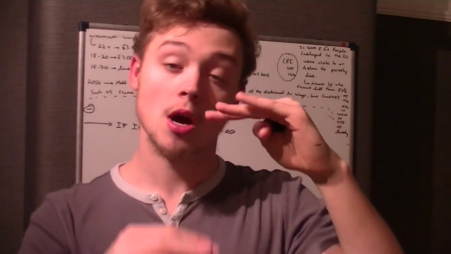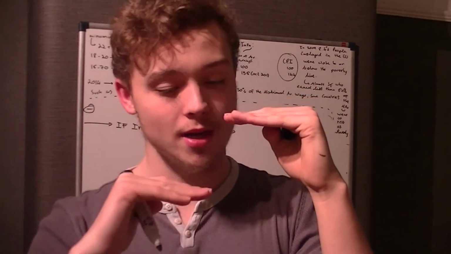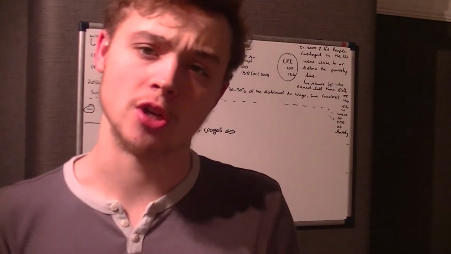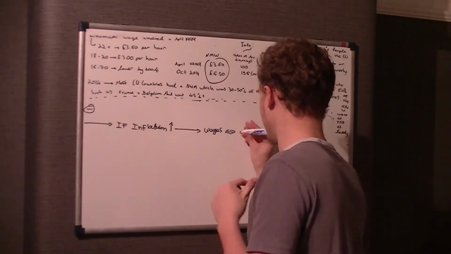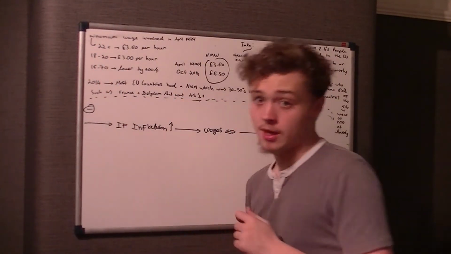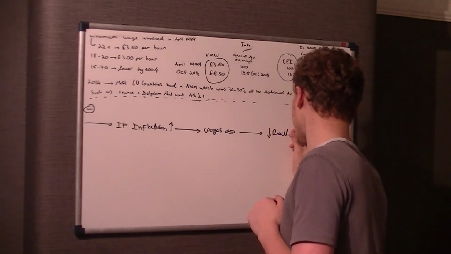Obviously wage rates were increasing higher than inflation before, but when they're capped, the wage rate can't increase, but the inflation is still going to increase. So all we're doing is narrowing the gap between the inflation and the wage rate. The gap between the wage rate and the rate of inflation is the real wages. So what we can say from that is that the real wages are going to decrease.